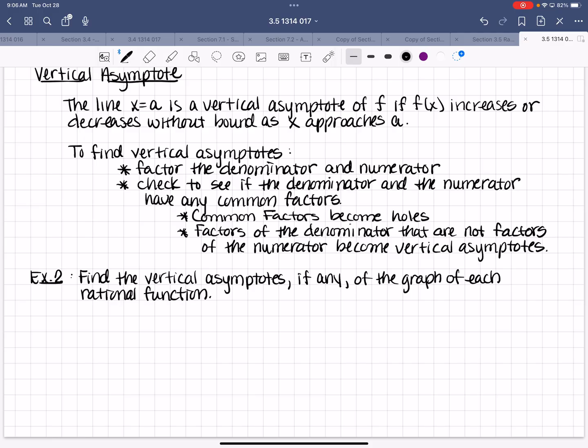And we have 3 different graphs we're going to look at. The first one is f of x equals x over x squared minus 1.